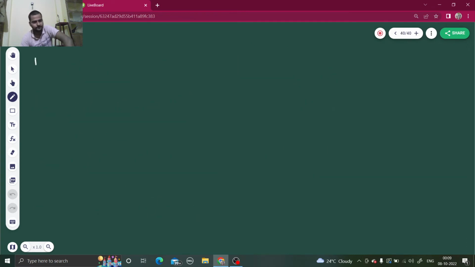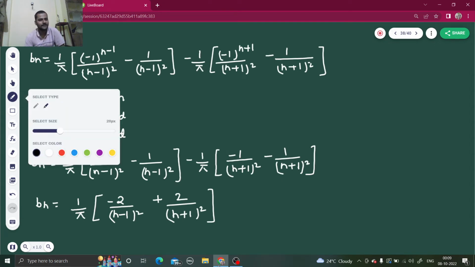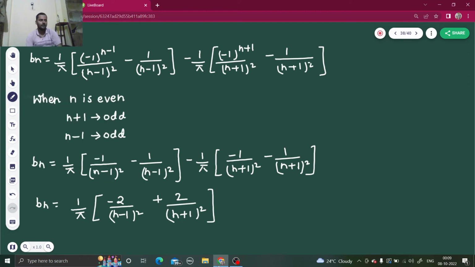When n is odd, n plus 1 will be even, and n minus 1 will also be even. Now in this case, see carefully what will happen. n minus 1, n plus 1 both will be even if n is odd.